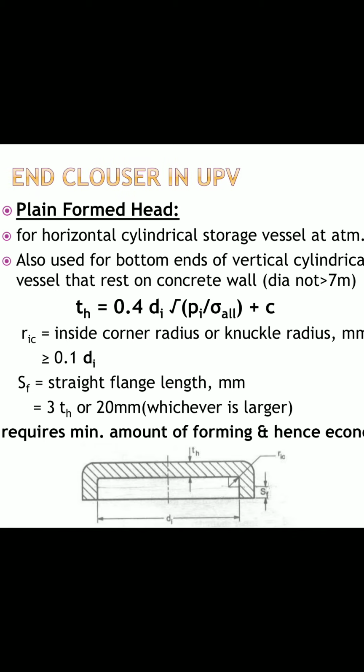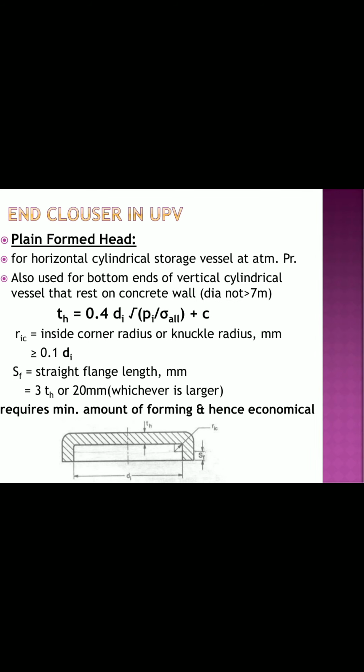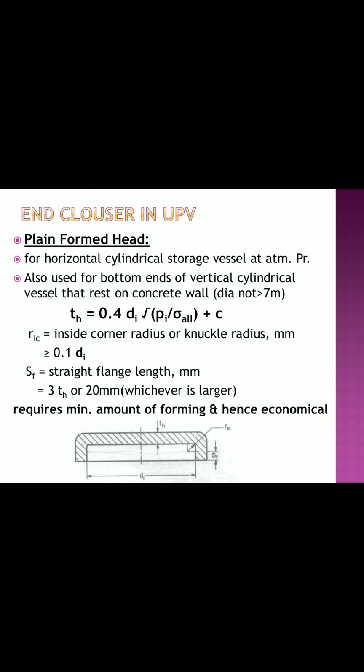Plain form heads are used for horizontal cylindrical storage vessels which are going to store the substance at atmospheric pressure. They are also used for bottom ends of vertical cylindrical pressure vessels that rest on a concrete wall, and the diameter should not be greater than 7 meters.